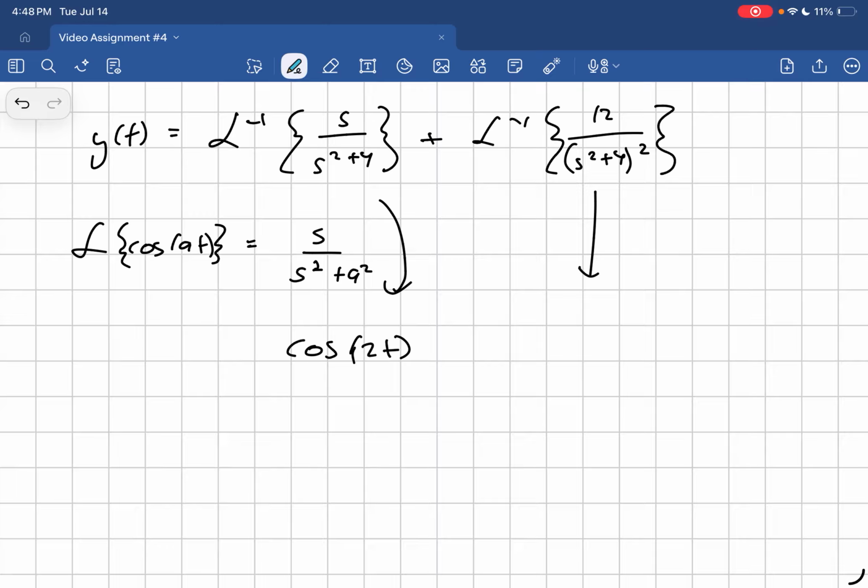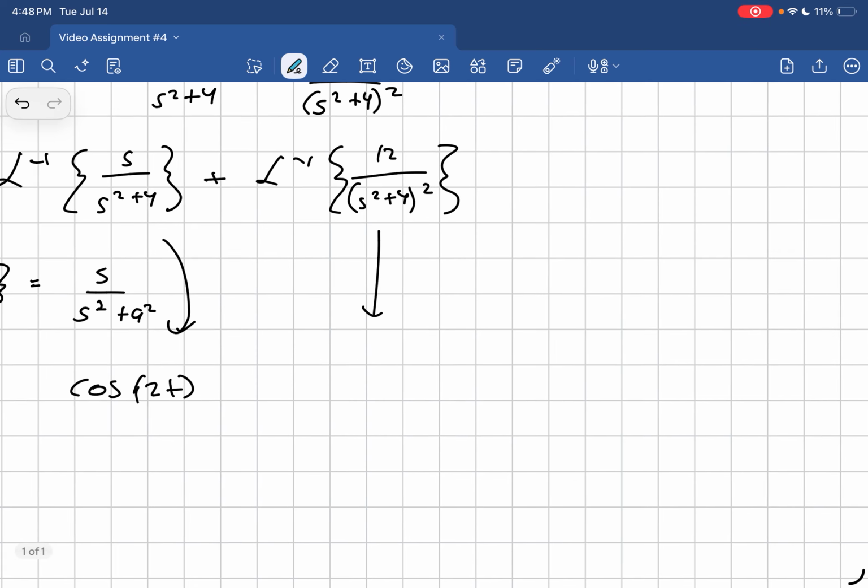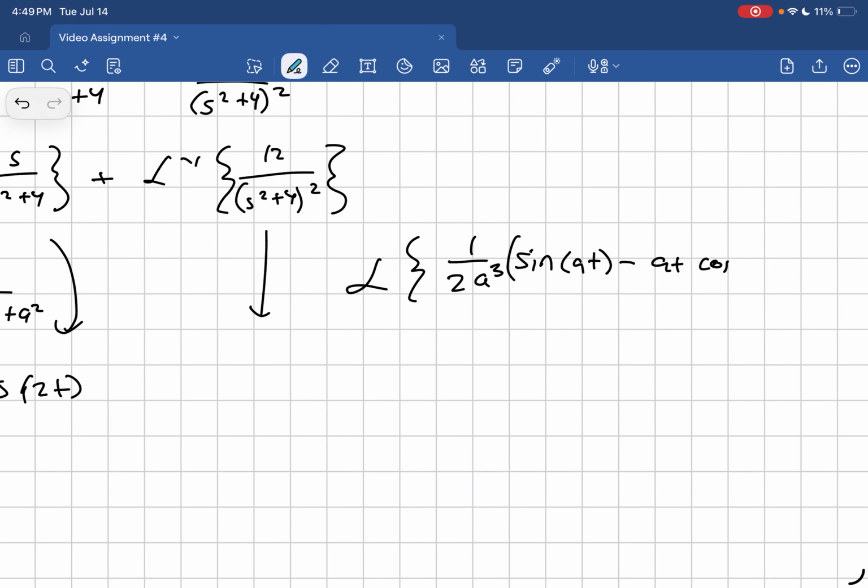and this is a repeated denominator, so from the formulas we have to use the repeated quadratic formula for this one, which is that the Laplace transform of 1 over 2A cubed times sine of At minus At cosine of At is equal to 1 over S squared plus A squared, squared.